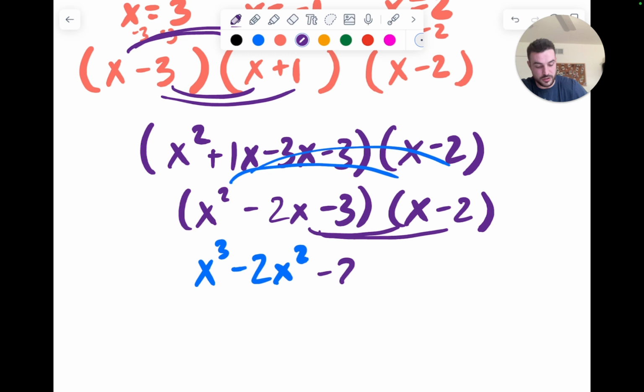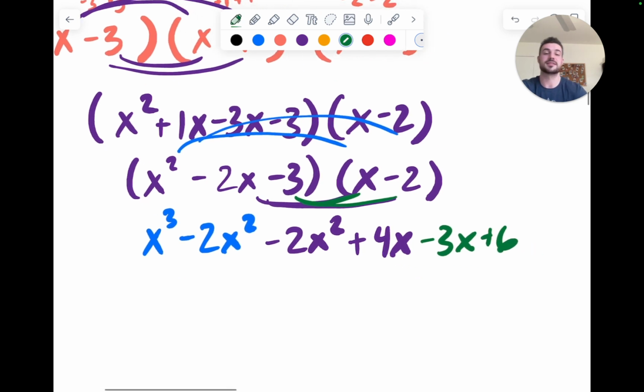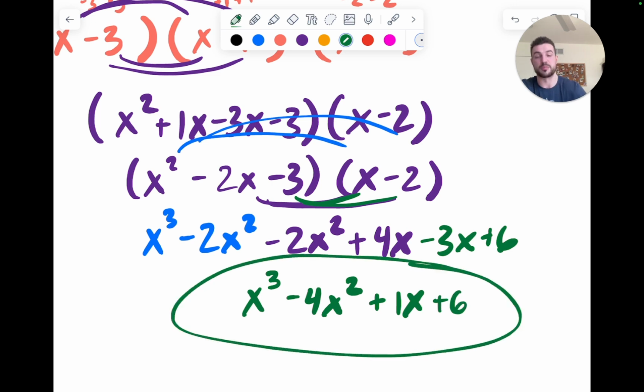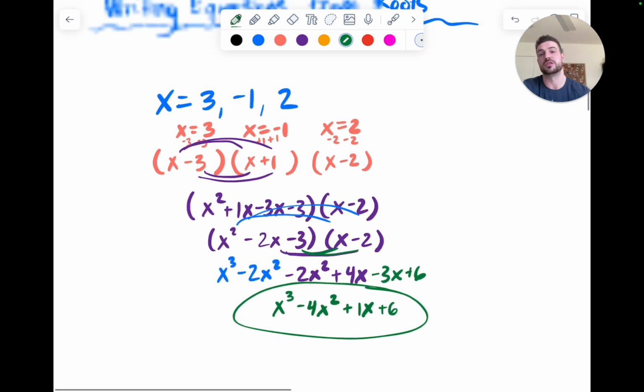So I get a negative 2x squared plus 4x, and now I'm going to do it with my negative 3 as well, to get a negative 3x plus 6. Lastly, I just need to combine these like terms. So my final answer is going to be x cubed minus 4x squared plus 1x plus 6. And this is the polynomial that has the roots we started with before.